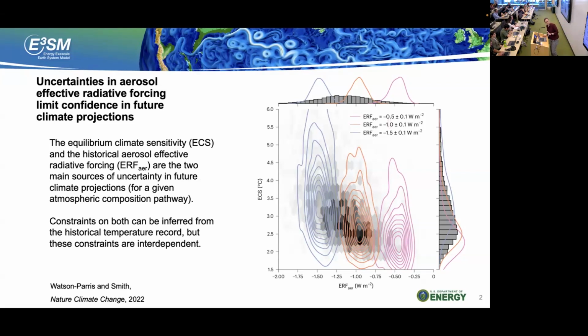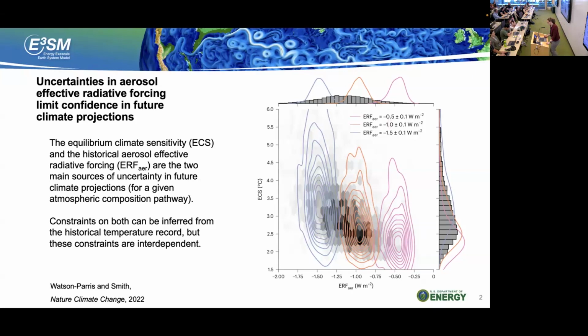So if you constrain by the historical temperature record, you can have lower values of the effective radiative forcing, like this blue range, while having a higher climate sensitivity, or you can have higher values of effective radiative forcing, so a stronger aerosol forcing, and lower values of climate sensitivity. So if we were able to reduce the uncertainty in the aerosol effective radiative forcing, it would help to reduce uncertainty in climate sensitivity.